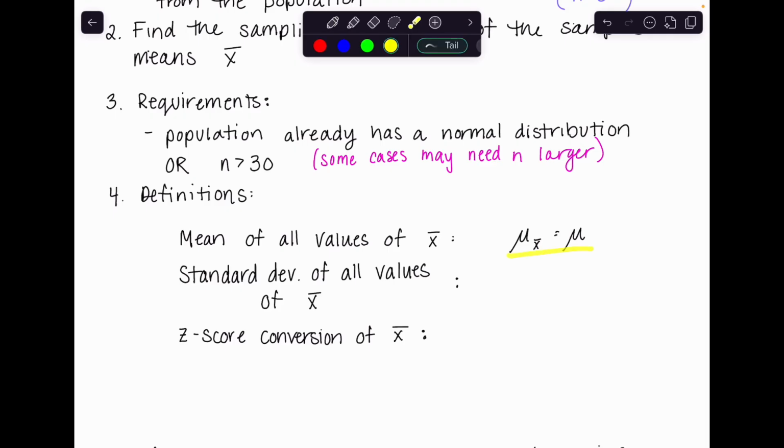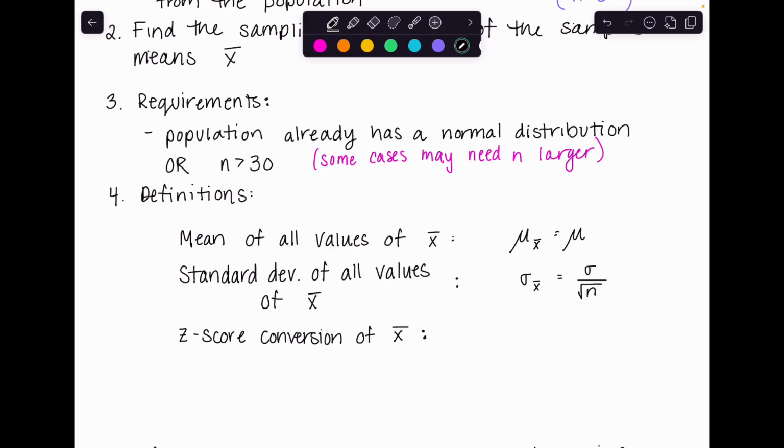It still is going to equal that true mean, mu. Then once you have all of your actual sample means, when you find the standard deviation of all of those values, we're going to call that sigma sub x bar. It's the true standard deviation divided by the square root of n.